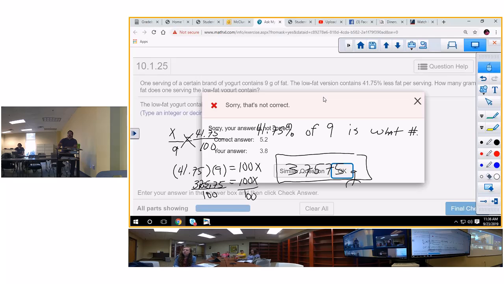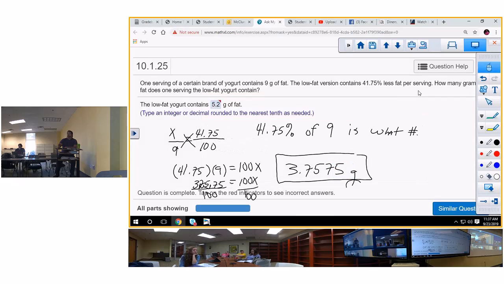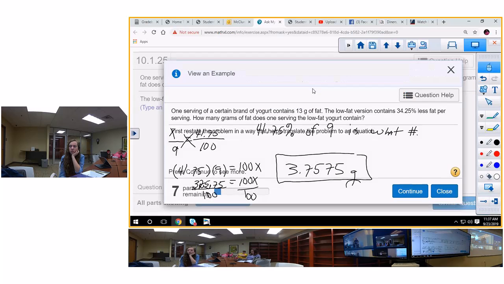What's half of $9? $4 and a half. Okay, do we have 50%? No. So how did they get 5.2? That's not even 50%. I don't have any idea how they're doing this problem. Let's see what they say. There's a couple of them I don't get. Don't make no sense.